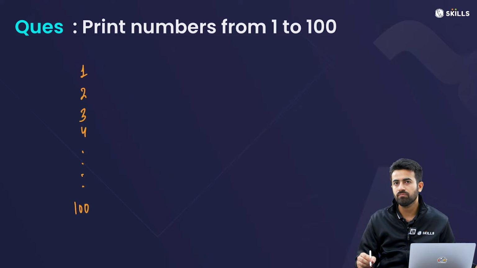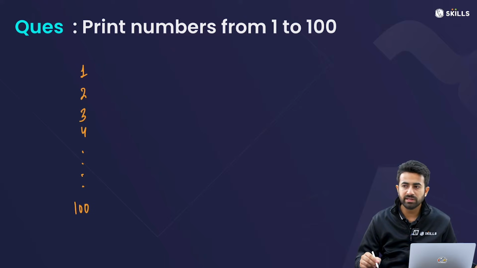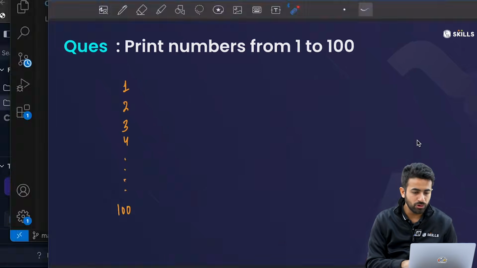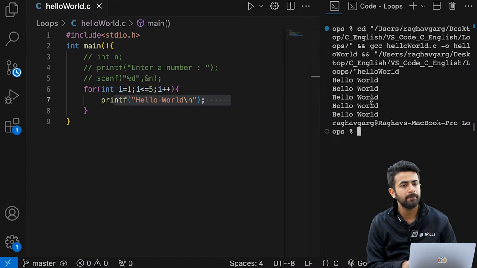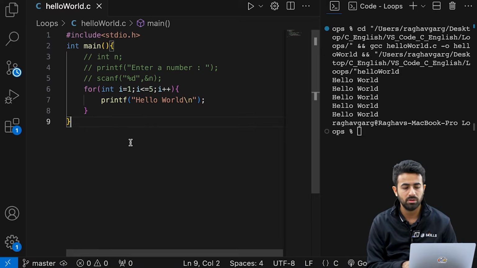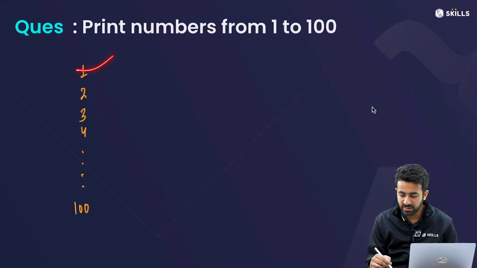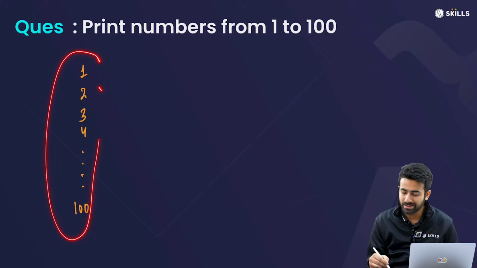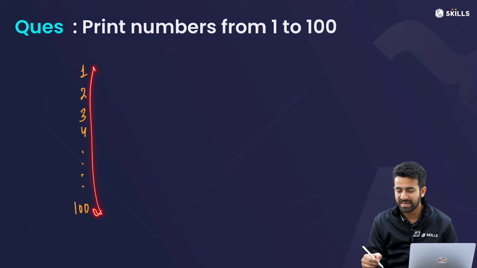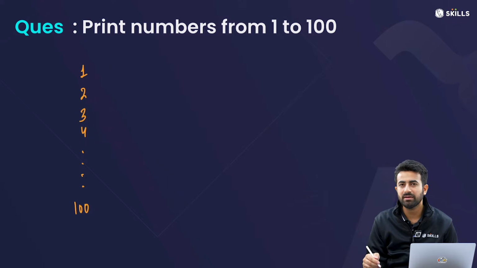How to do that? Here, nothing is being repeated. In the case of hello world, the inner statement is the same, so it is repeated via the loop. But now I want different things to be printed on different lines. But there is a pattern. It is simply the table of 1, right?